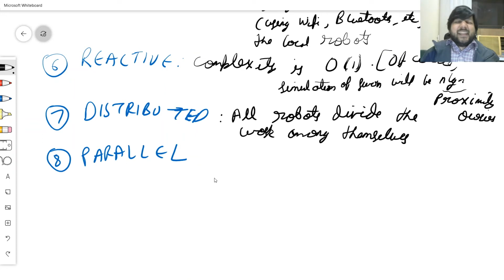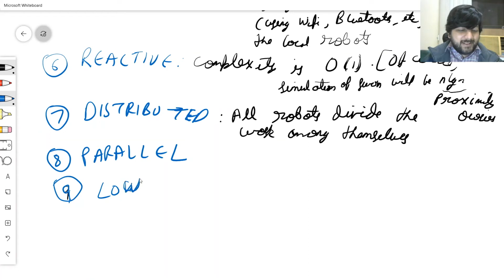Now, if you see one ant, the brain is too little, but then how many ants are there? Probably infinite. And because I've put this constraint of 1,000, the obvious constraint will be cost. In robotics people talk a lot about cost. Modern day robots cost like 30 lakhs, 50 lakhs, 2 crores. 1,000 times 2 crores, even the government will not be able to purchase it.